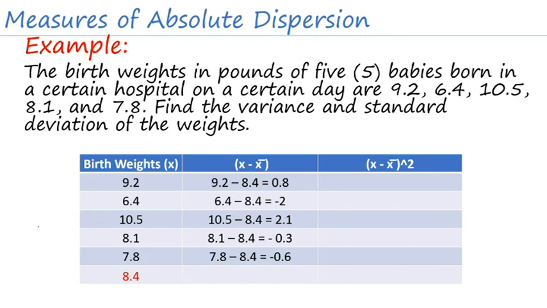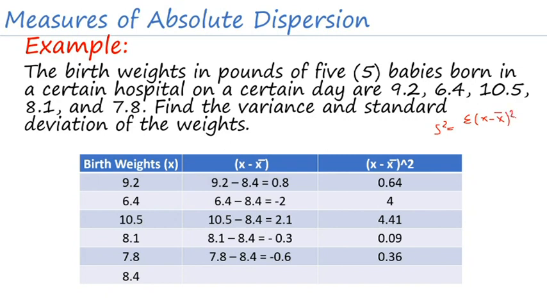And kapag kinuha natin yung third column, which will be our numerator, it will result to these values. So yung square ng 0.8 is just equivalent to 0.64 followed by the following values. So nakuha na natin yung ating mga kailangan. Yung s squared daw natin is just equal to summation of x minus x bar.